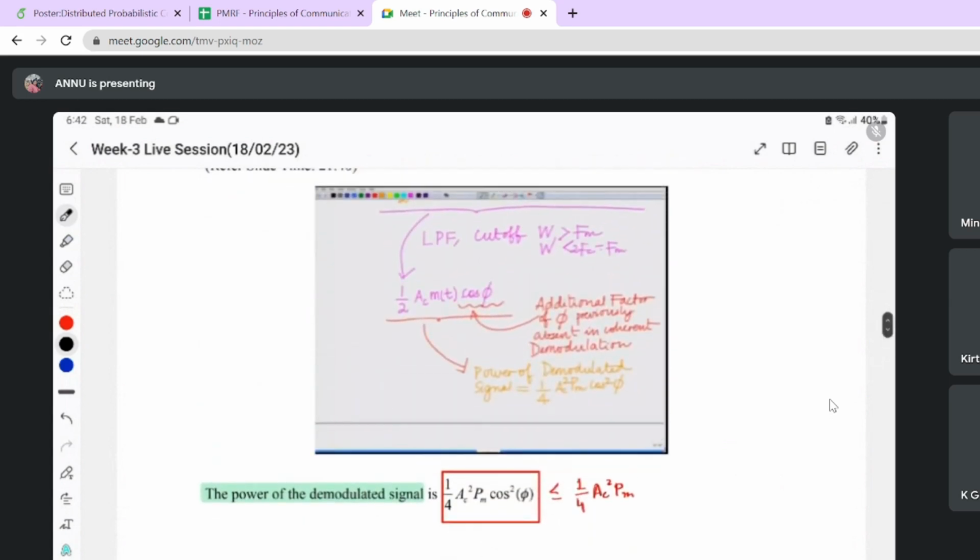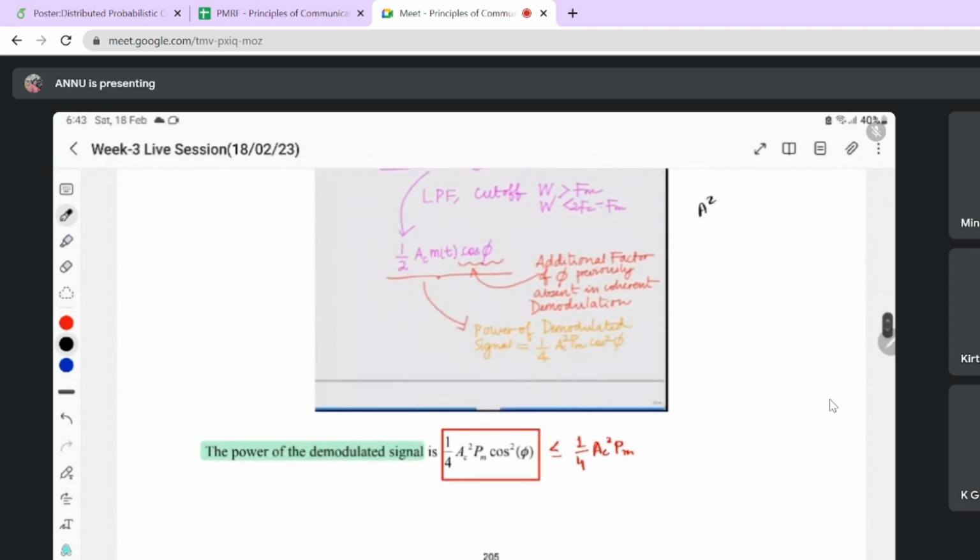If we calculate the power of the demodulated signal, which is 1 by 4, the power is basically the amplitude squared. So this is 1 by 2 Ac m(t) cos phi. The power of the demodulated signal is equal to 1 by 4 Ac squared Pm cos squared phi. So it should be less than or equal to 1 by 4 Ac squared Pm. Why is that? Because the maximum value of cos phi is 1.